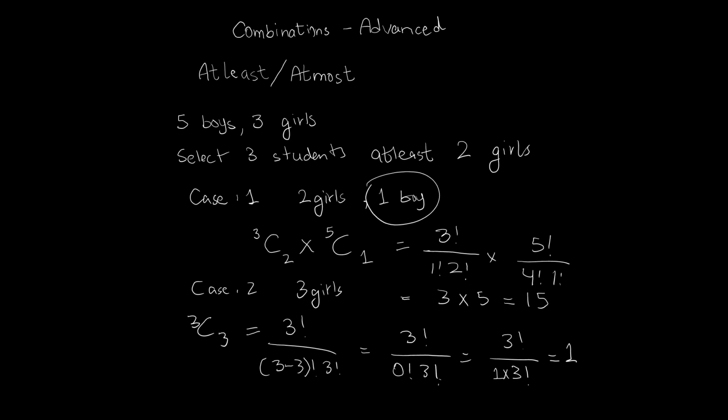And hence, after cancellations, we get one combination here. That's why the total number of combinations would be 15 from case 1 and 1 from the second case. And hence the answer is 16.